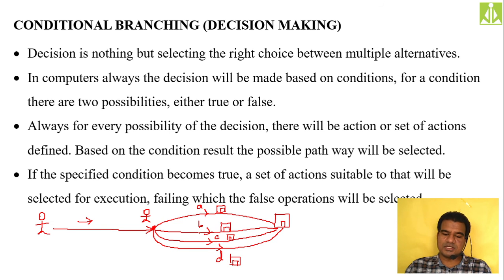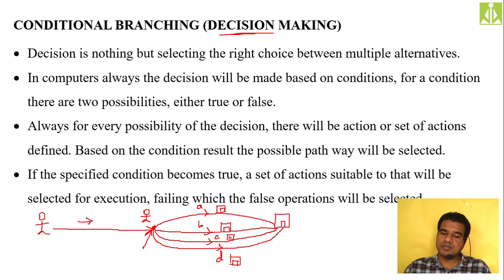At this particular point, we put a control structure, a conditional branching statement, a decision making statement. Why do we call it decision making? Only after reaching that point are you making the decision, isn't it? Here you select path A because your decision is to meet your friend.